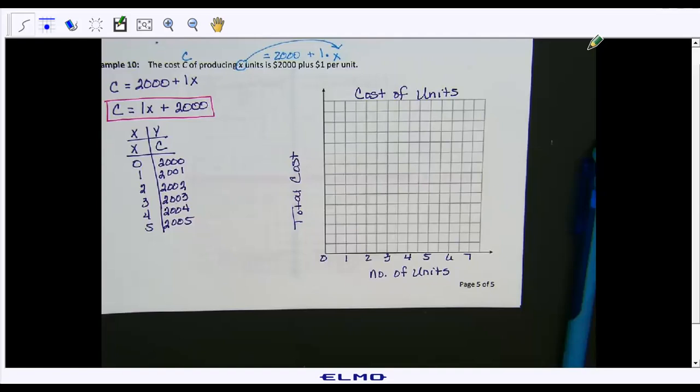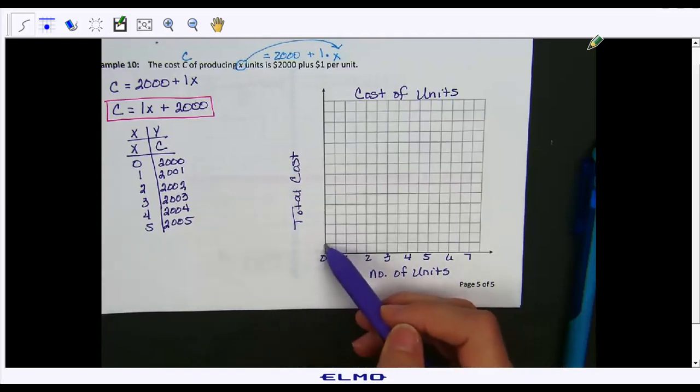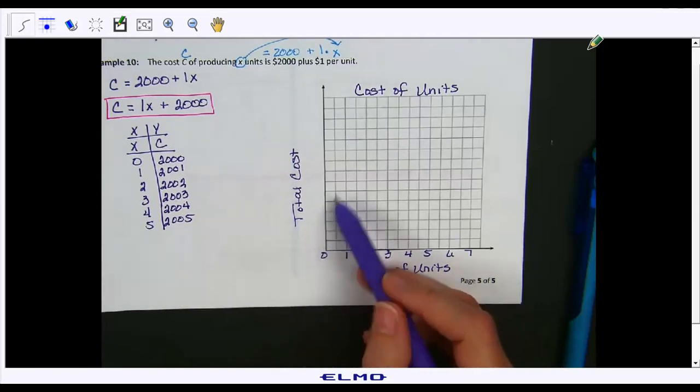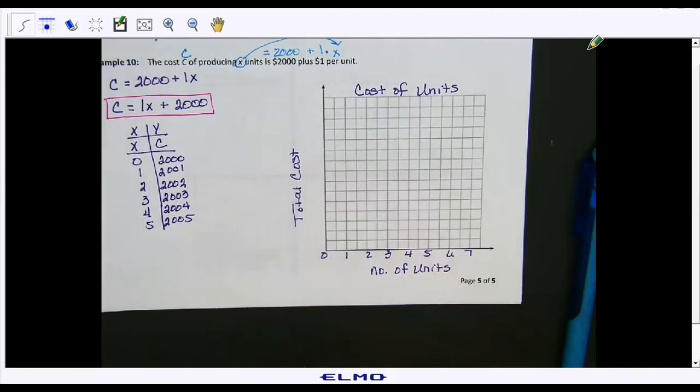Or you go by 500s, these are kind of so close together as big numbers that I'm gonna create something called a break in the graph. That means that there is gonna be a gap between the origin and your first number. Okay, and you typically cannot do that. So like you wouldn't go from 0 to 8 and then go up by ones. Because that's not a proper graph unless you create a break in the graph.